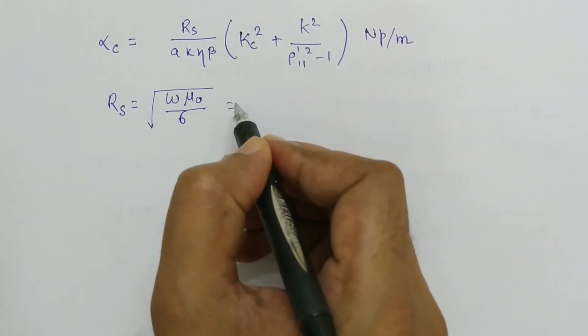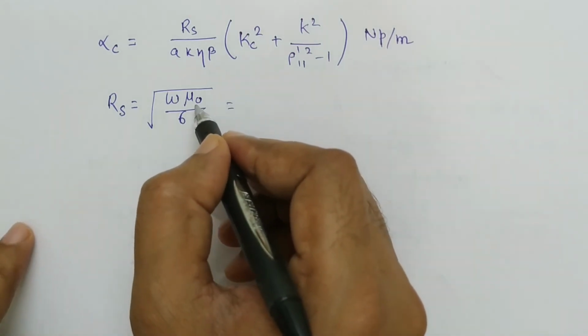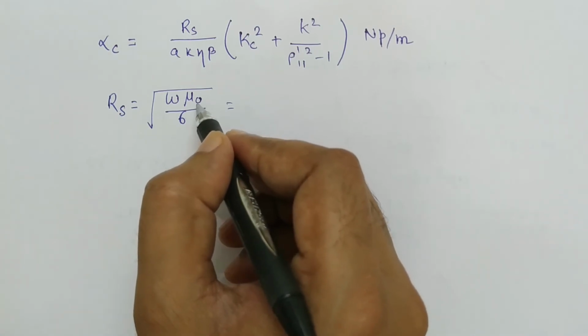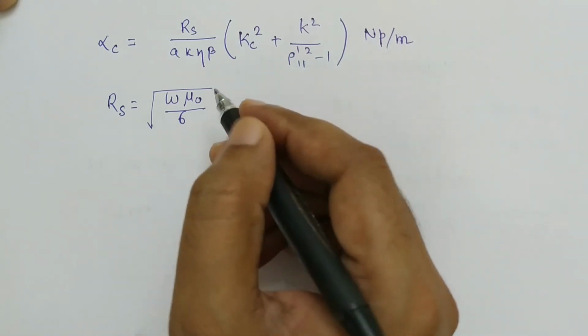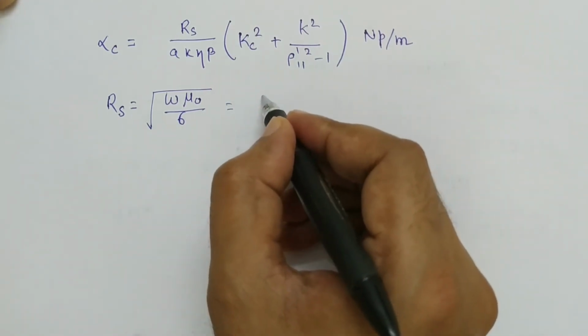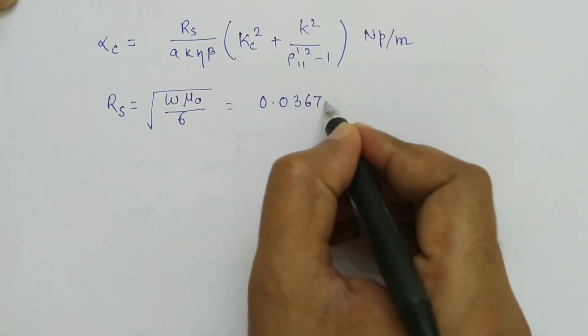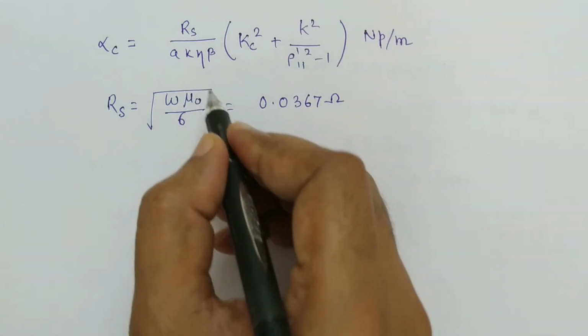So omega is 14 gigahertz into 2 pi, mu naught is the permeability of free space, and sigma is the conductivity of gold. By putting all these values, you will get 0.0367 ohm. So this is the surface resistance.